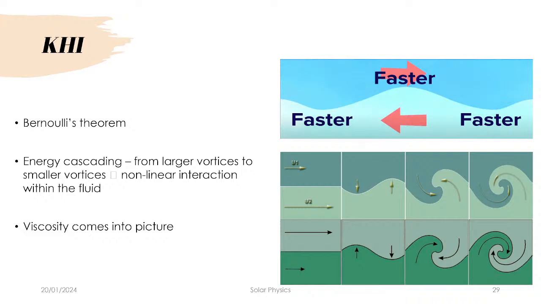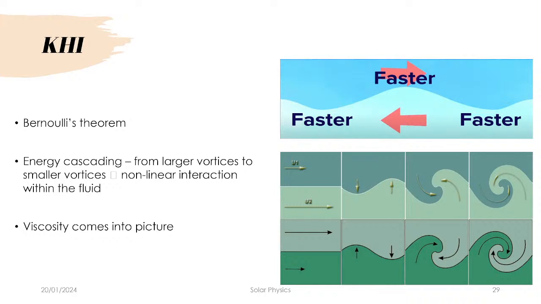So assume there are two layers of fluids. This is the relative motion that we are seeing: one is flowing in one direction, the other is flowing in the opposite direction. And this is a perturbation that was applied to it. Now, by Bernoulli's theorem, we know that the velocity over here should be faster as compared to over here and here. Similarly, the velocity is faster over here as compared to here.